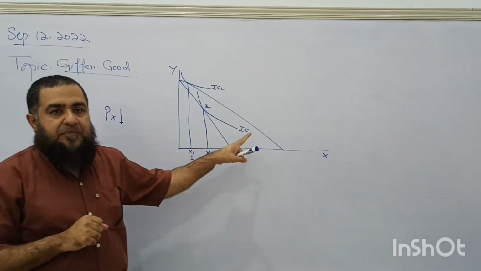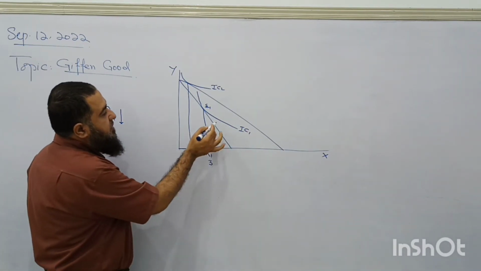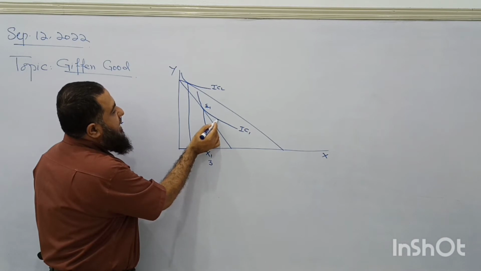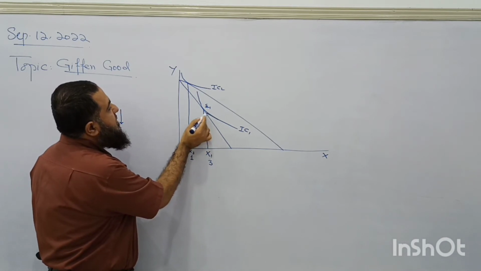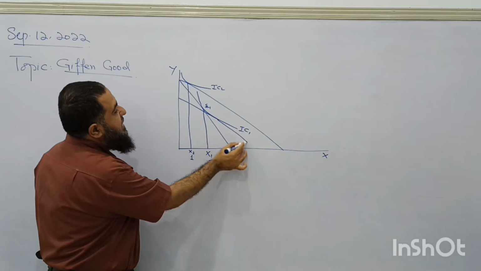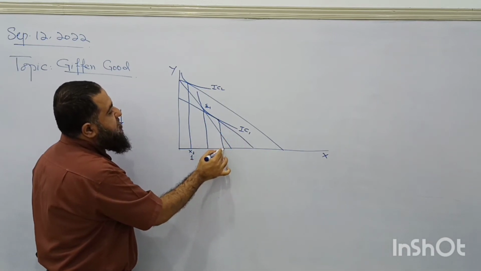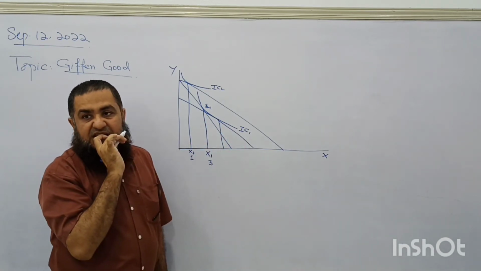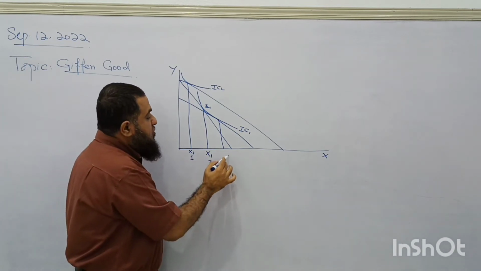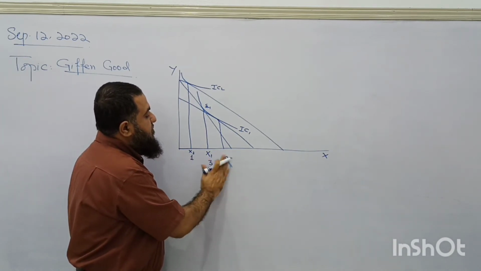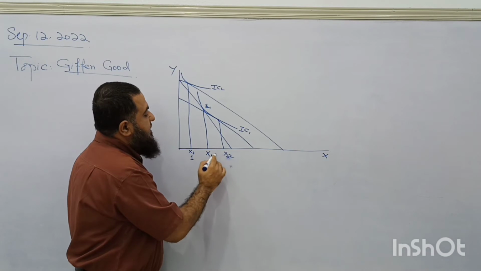If it shifts downward, it is going to make a tangency with the previous indifference curve at this point. Clear? So this is X2, this is the X2 level of consumption.